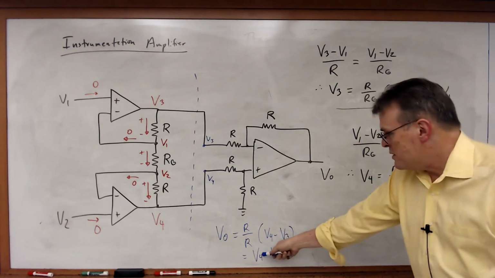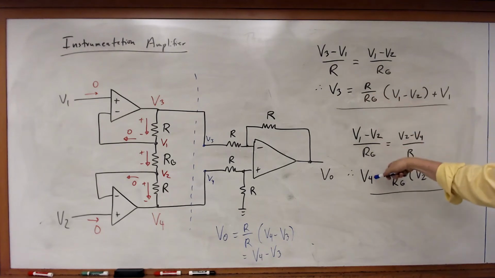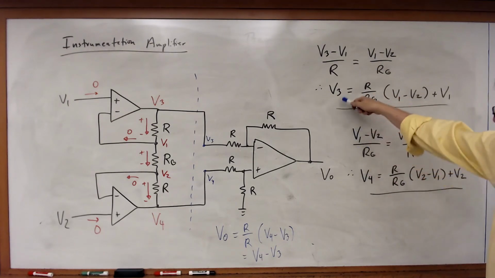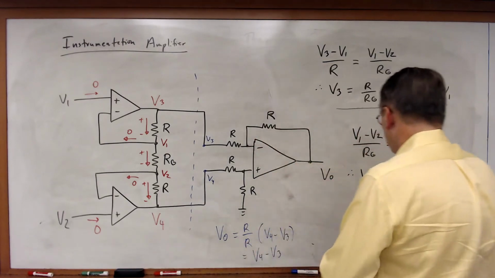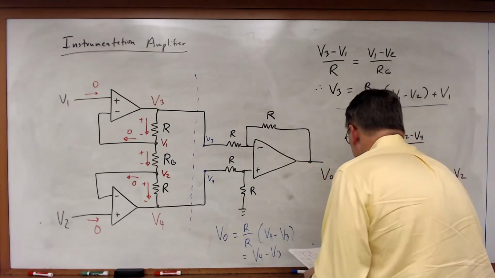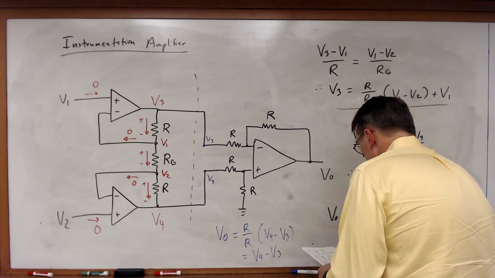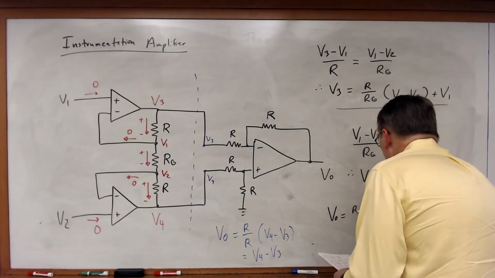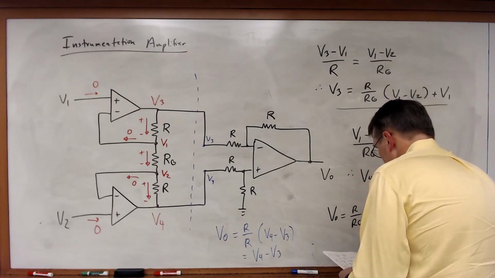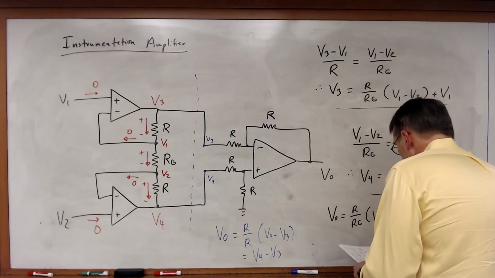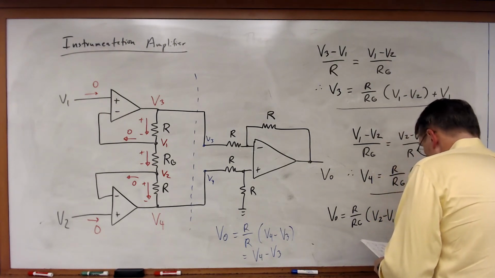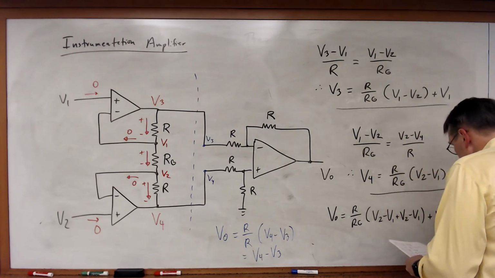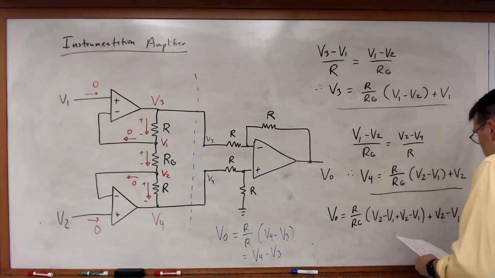So I've got this. Now I've got these two. Let's substitute V3 and V4 into that expression. And if we do that, what we will get is that VO is equal to R over RG times V2 minus V1, plus V2 minus V1, plus V2 minus V1.